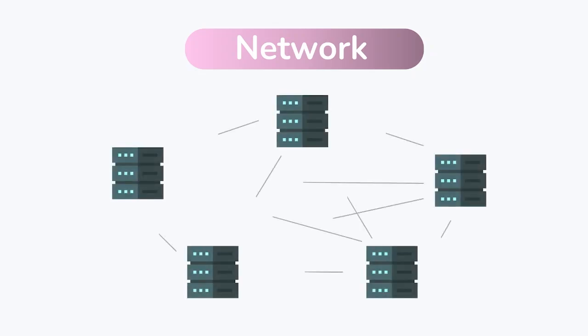So networks, what are networks? We have the IT systems that we designed, but the problem is that they can't communicate, they can't transfer data. So networking basically is designing a network so that our nodes, our systems, can communicate with each other and transfer the data and information.